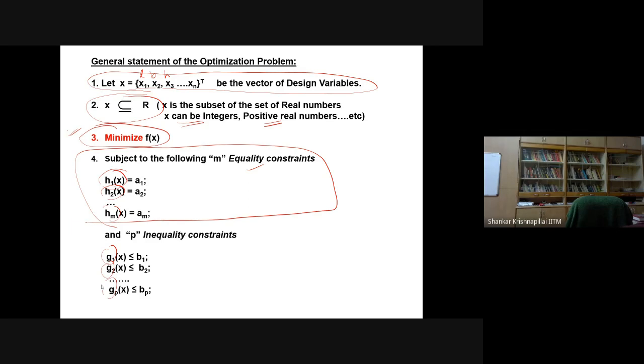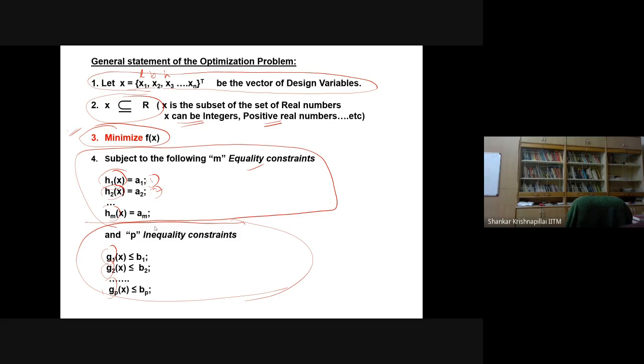So h1 of x is equal to a1, that is the first equality constraint. h2 of x equal to a2 is the second equality constraint, etc. And then you can give p inequality constraints, that is g1 of x is less than b1, etc. What is the meaning of this, you will see when we solve problems. But in order to fully specify an optimization problem, you have to give all this information.